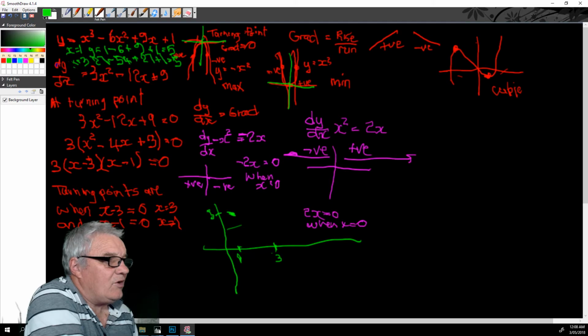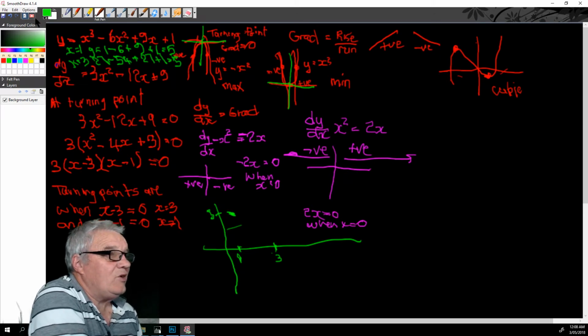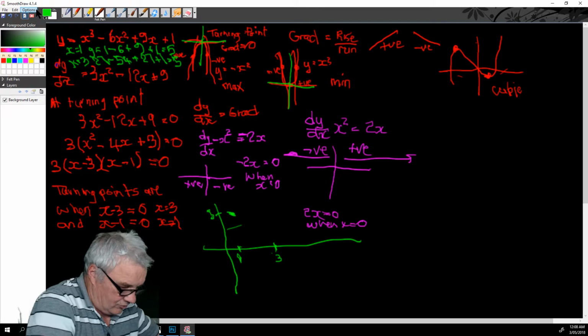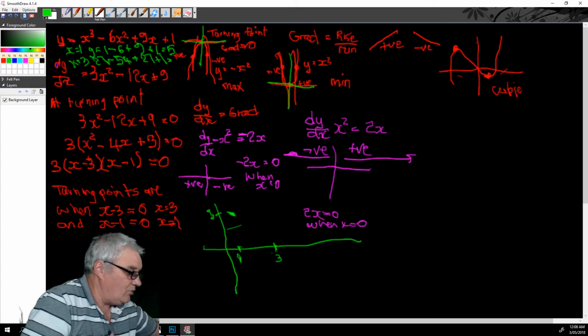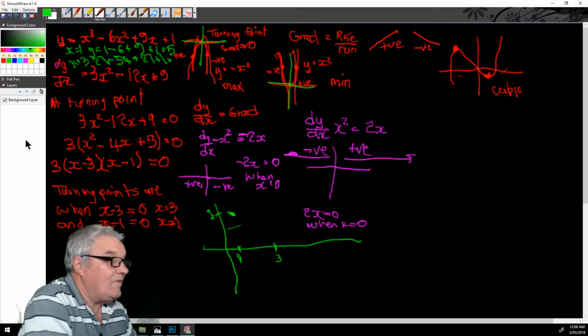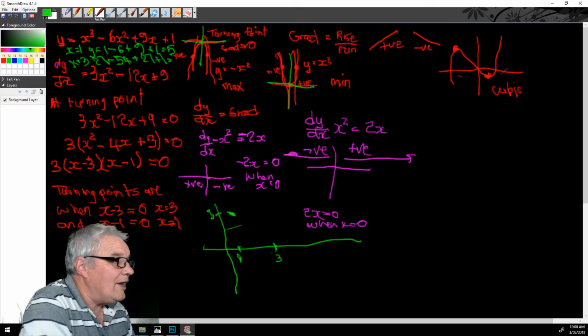So when x equals 3, 3 cubed is 27 minus 6 nines are 54 plus 27, so that's all 0 plus 1. And that doesn't equal 5, it equals 1. So I'll just write that: equals 1.